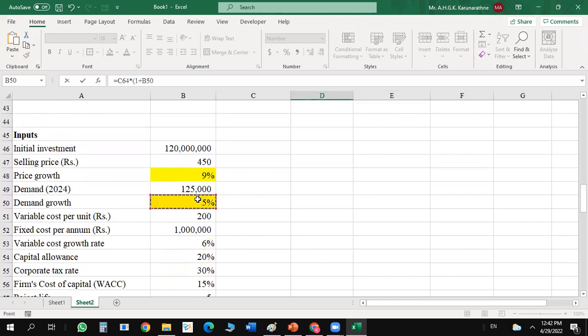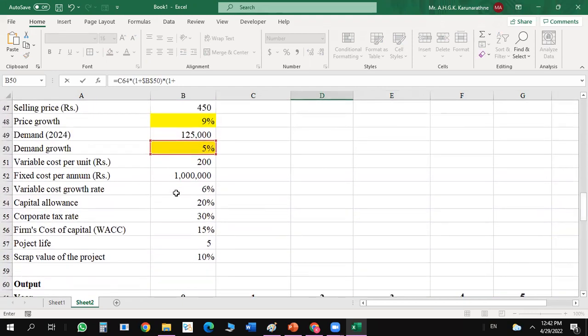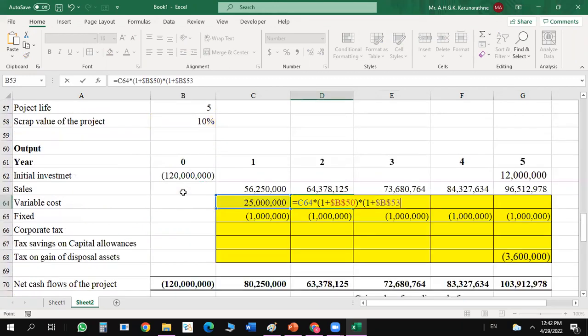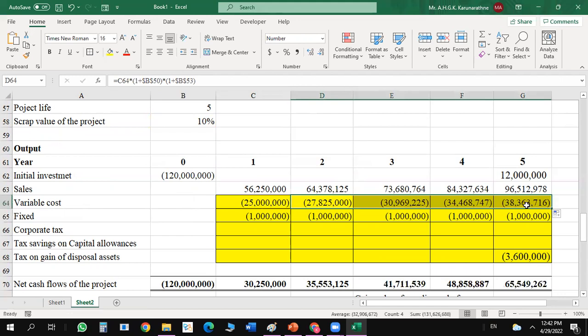Demand growth එක කීයද? this much, make it fix and close it, and again multiply variable cost growth. quantity growth එකක් තියෙනවා, rupiah cost growth එකකුත් තියෙනවා, like the sales income, 1 plus variable cost growth rate එක කීයද? This much, make it constant by pressing F4 and close the bracket and save, enter. Then you can copy this to other parts. Before that, we will incorporate minus figure to represent this as a minus figure, right? Then you can drag it and copy it to other parts.